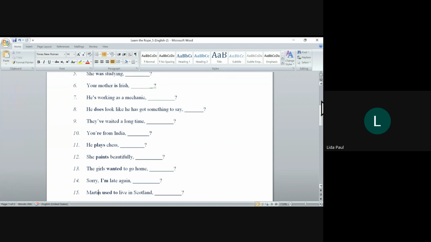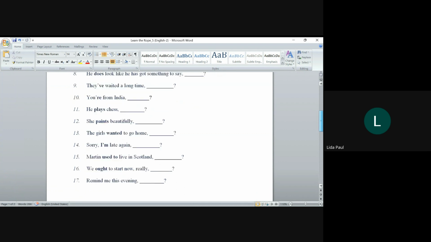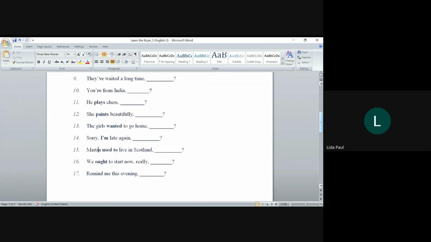Okay, 14th one. Sorry, I am late again. From here begin question tags which work in a slightly different format from the ones you have seen so far. Aren't I? Here you will not say am I not, or any other form of question tag.